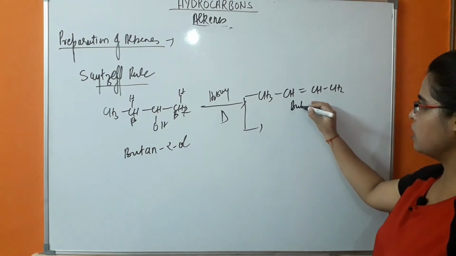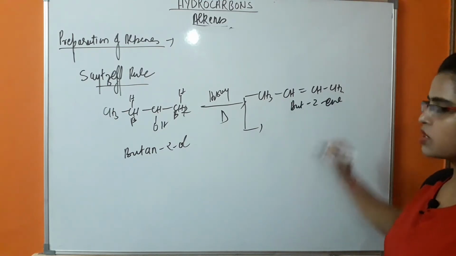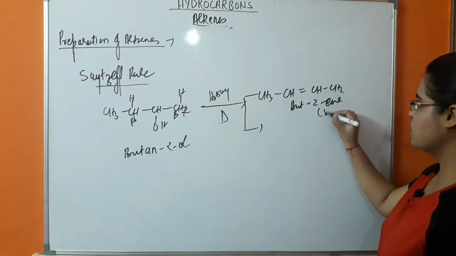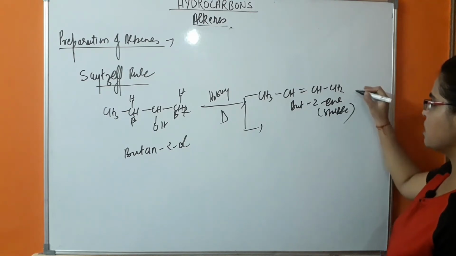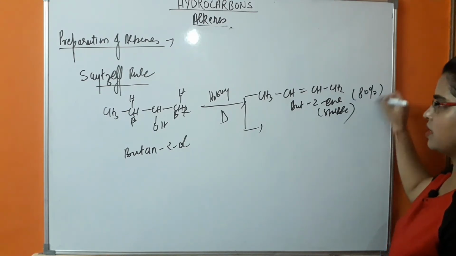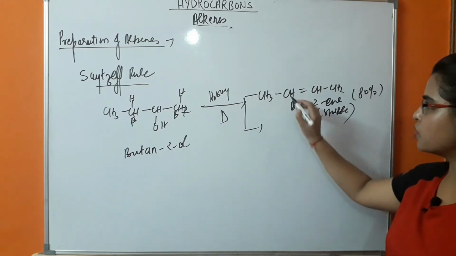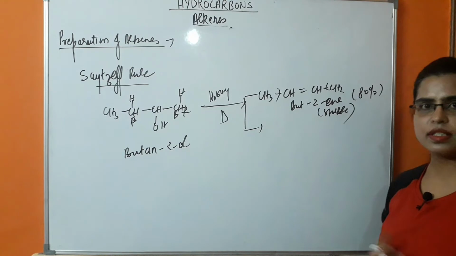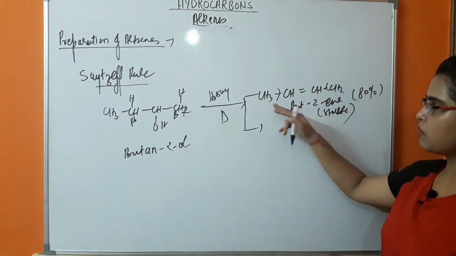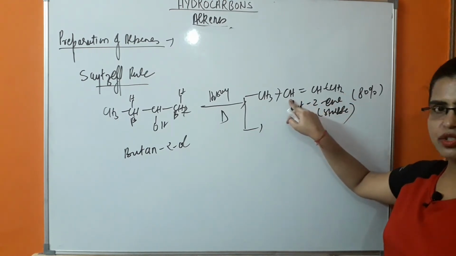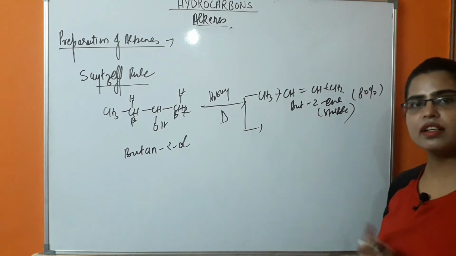This is but-2-ene, and it is more substituted, so it is more stable and the percentage will be 80%. The composition will be higher for this because it is more substituted, so it is more stable. Why is it more stable? Because two alkyl groups are attached to the carbon which is having the double bond.